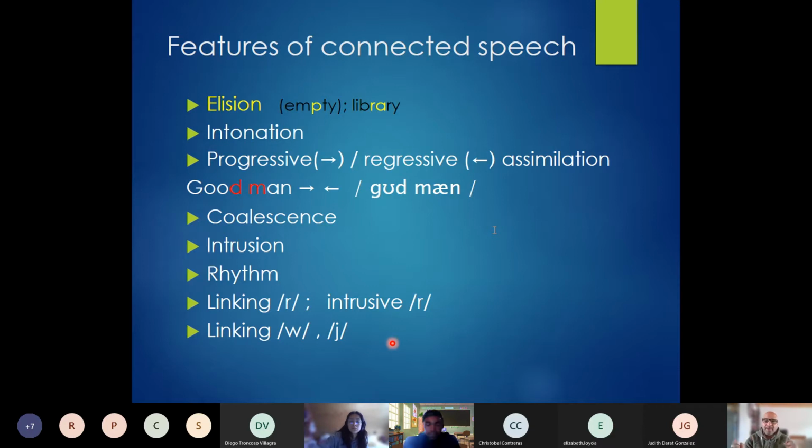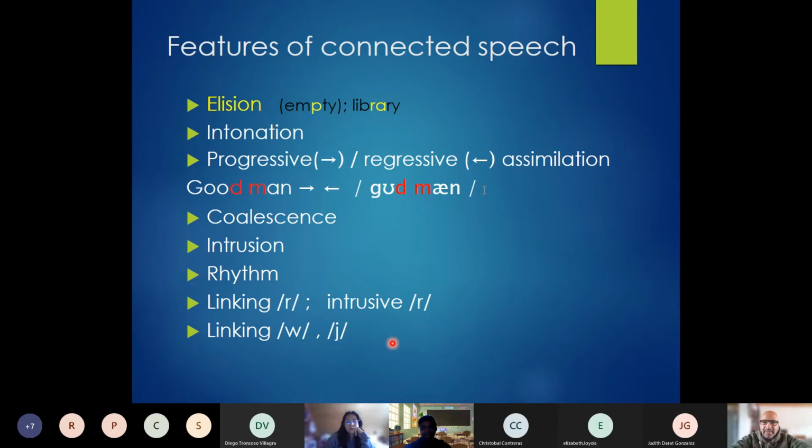Good man. But when you say it at a normal pace, "good man", something happens right in the border between the final sound of "good" and the initial sound of "man". Do we all agree on that? Do we have a common ground there? Yes? Totally agree. Okay, something happens, right?